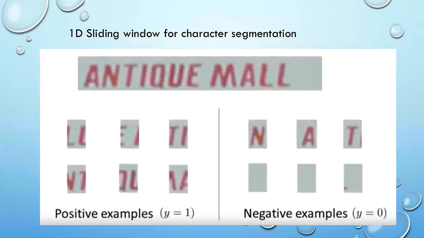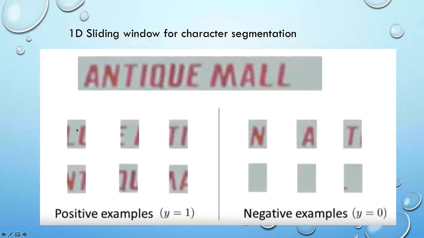Next we'll do the character segmentation. Similar to the previous training techniques, we use positive examples and negative examples. The purpose of this step is to find a line between two characters.